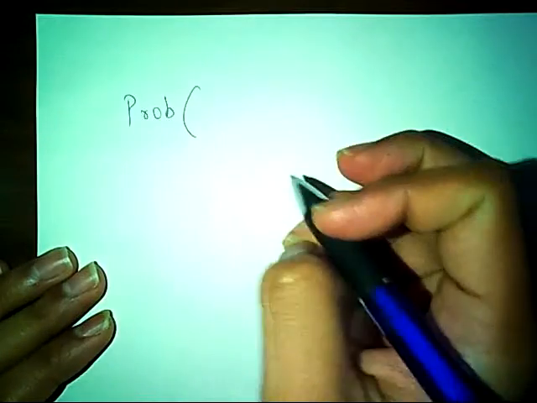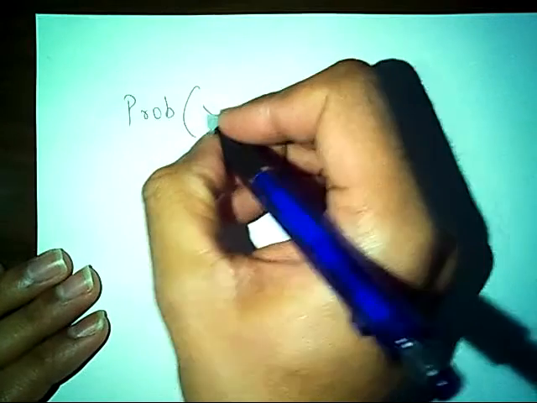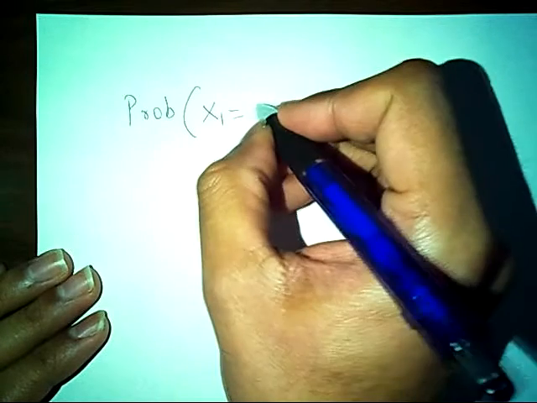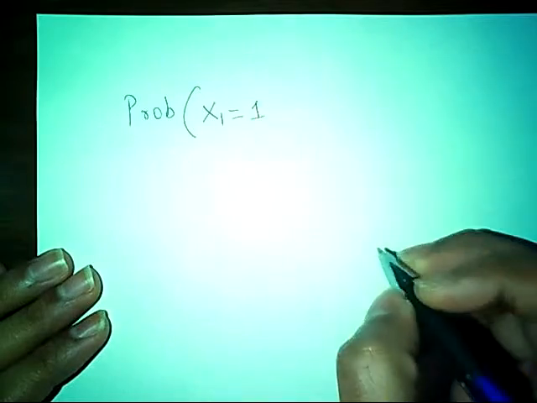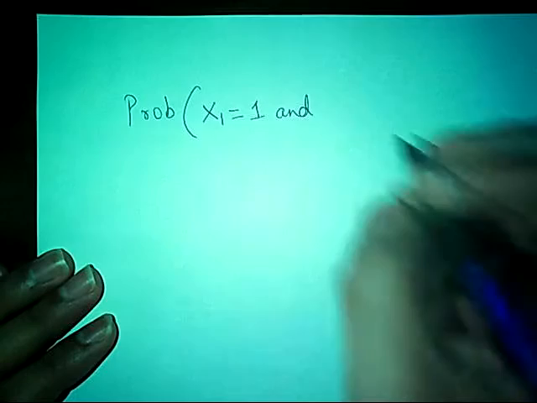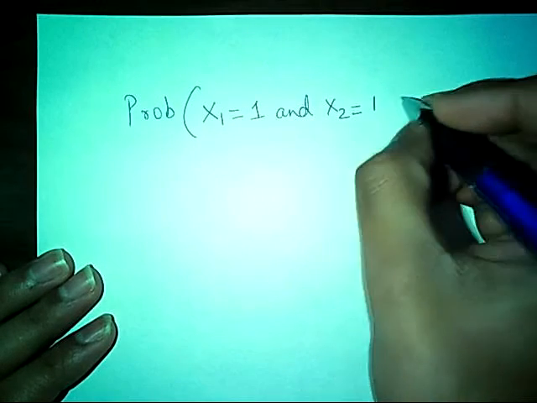So let me assume that I've thrown the die twice. If I want to calculate the probability with which I get 2 on the first throw, which means I get x1 equals 1, and I get an even number on the second throw, x2 equals 1.